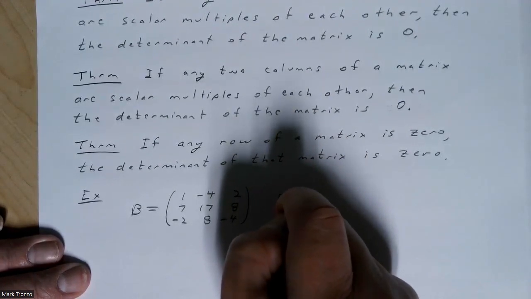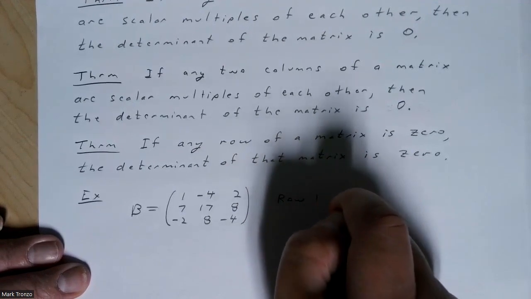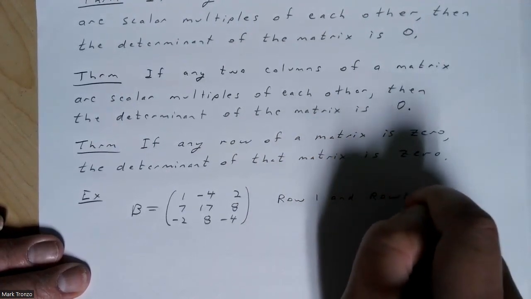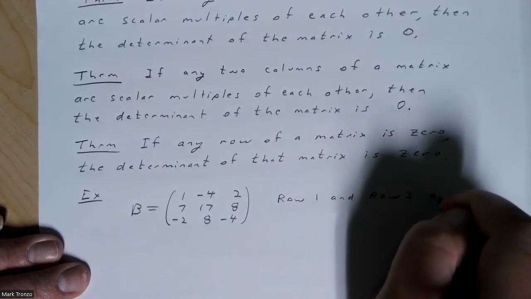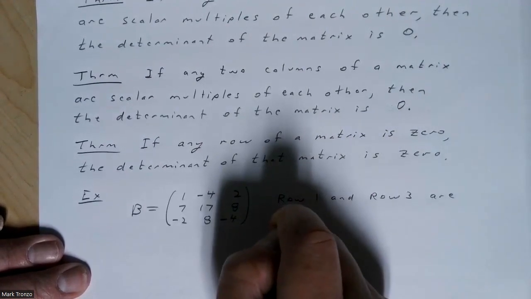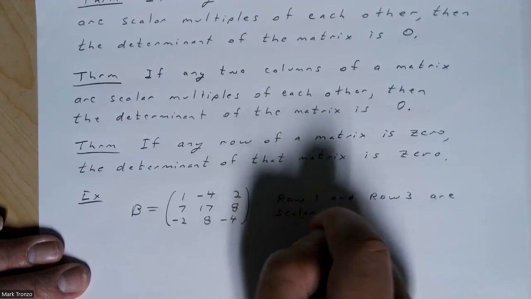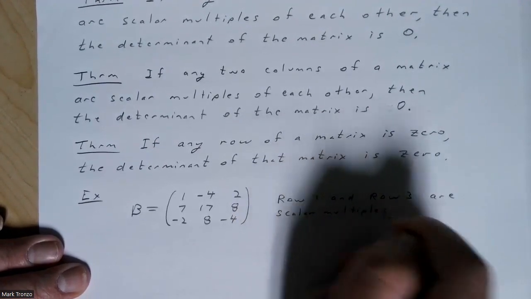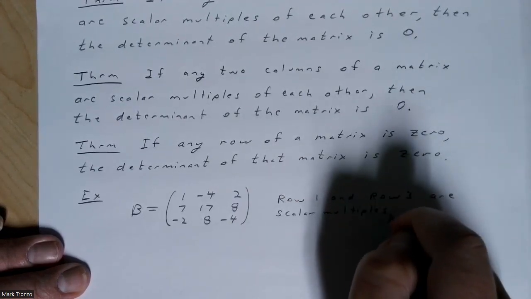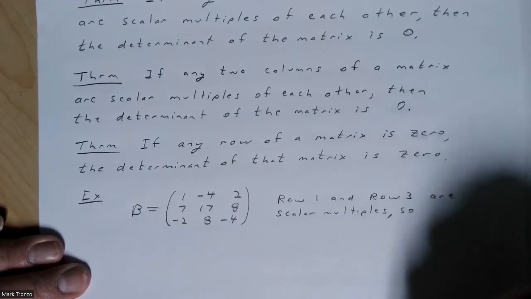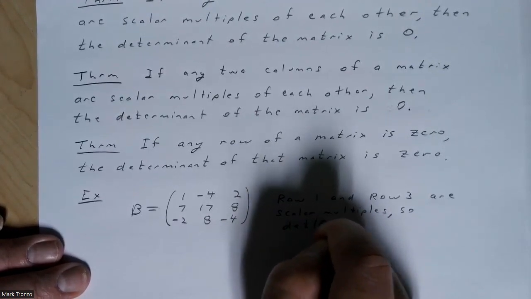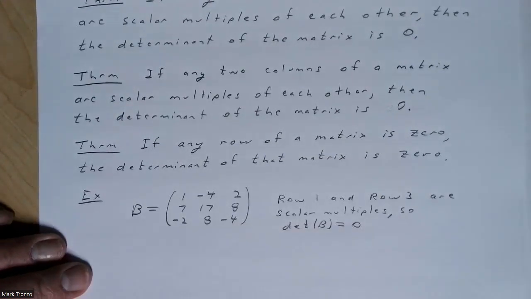So row 1 and row 3 are scalar multiples. So the determinant of B has to be 0.